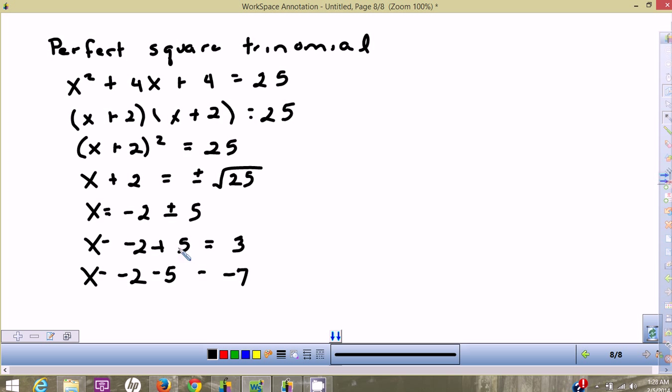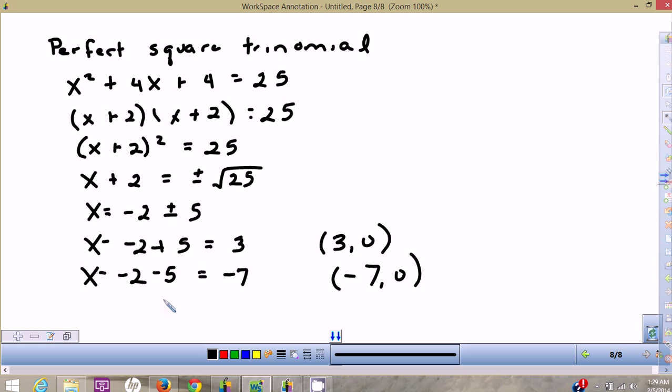My x-intercepts are (3, 0) if x is equal to negative 2 plus 5, or (negative 7, 0) if x is equal to negative 2 minus 5. We were able to solve that through the process of taking square roots, because this particular one happened to be a perfect square trinomial.